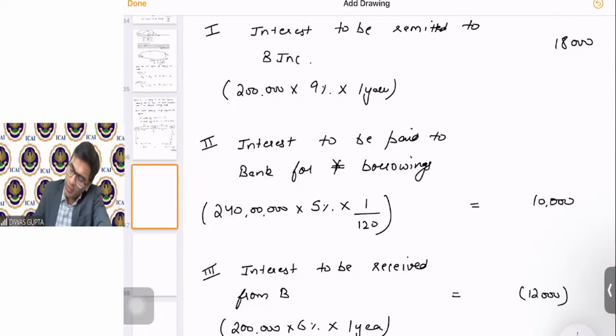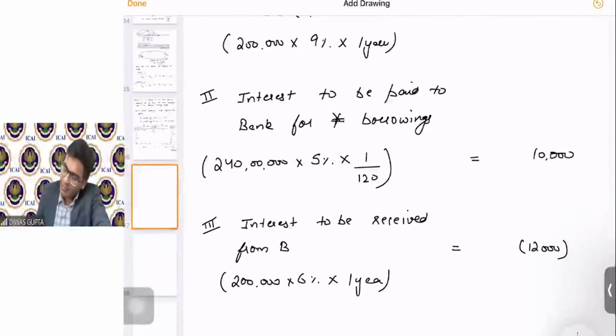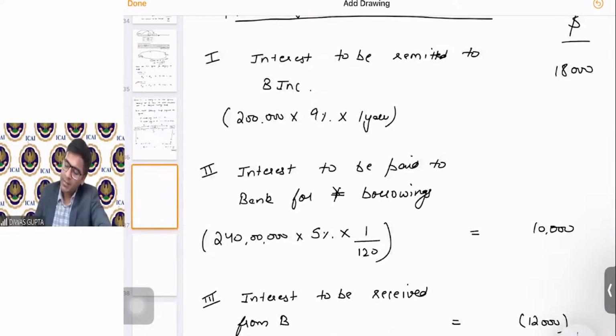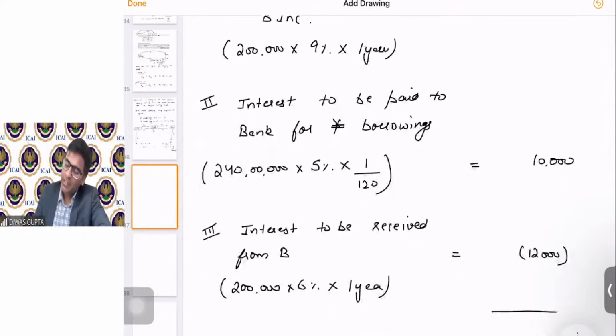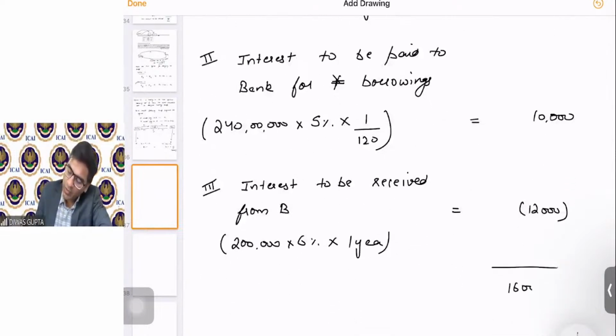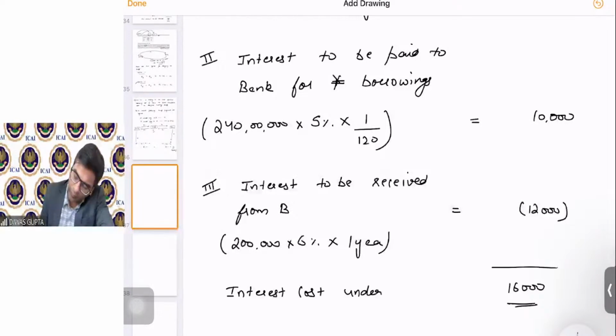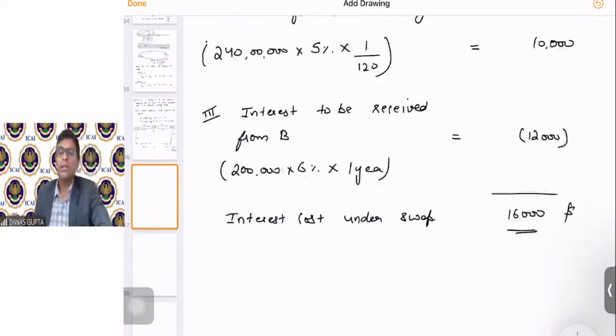So $12,000 the company will receive. So this becomes 10 plus 18 is 28 minus 12 is $16,000. So this is the interest cost under swap, $16,000.